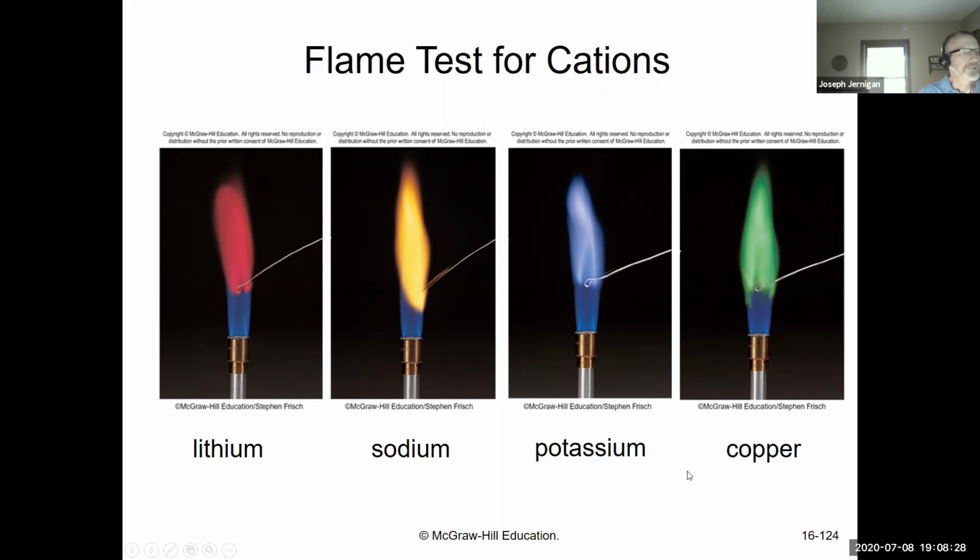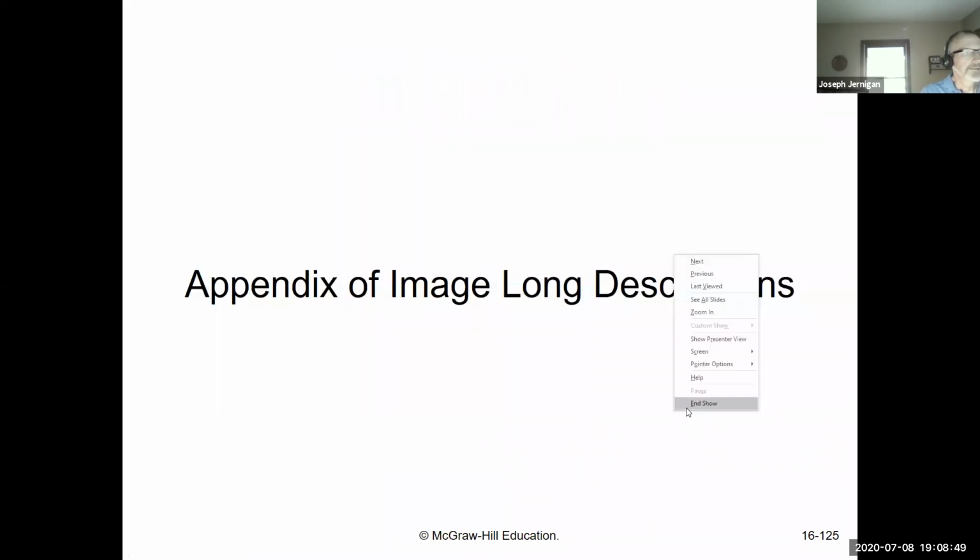This is a wonderful example of the atomic emission spectra that results when heating metal atoms and ions to very high temperatures in a flame, such that you get electronic excitation events occurring. And that is the end of this chapter. We're going to follow this part up with problem solving on the whiteboard as a part 2.